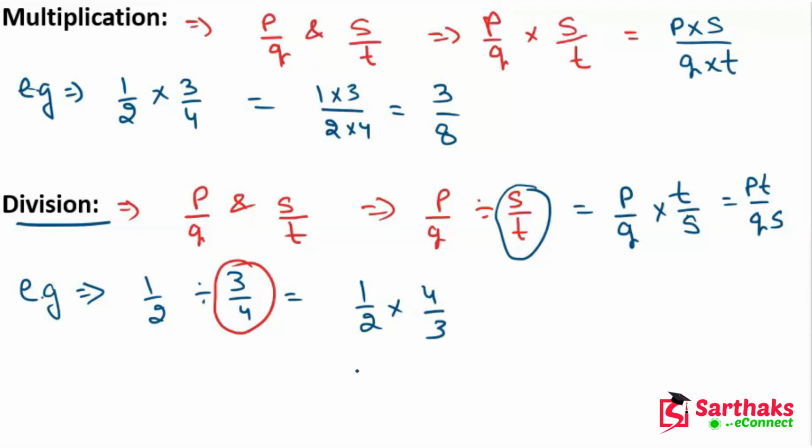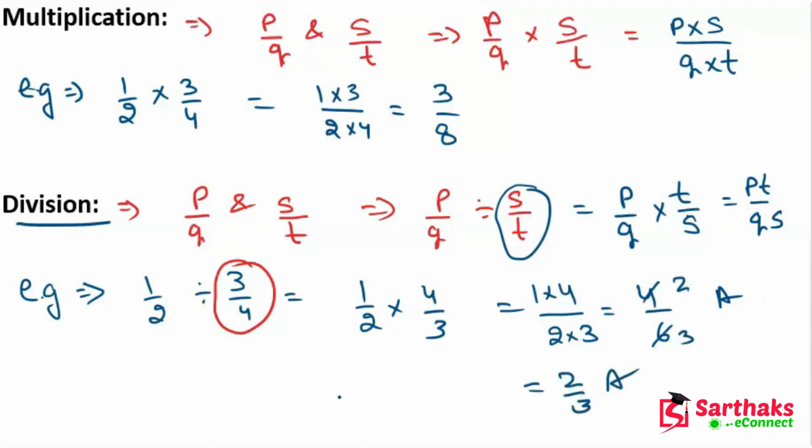So we have 1 into 4 divided by 2 into 3. So 4 upon 6 is the answer. If we simplify this, we get 2 in the numerator and 3 in the denominator, so we get 2 upon 3.